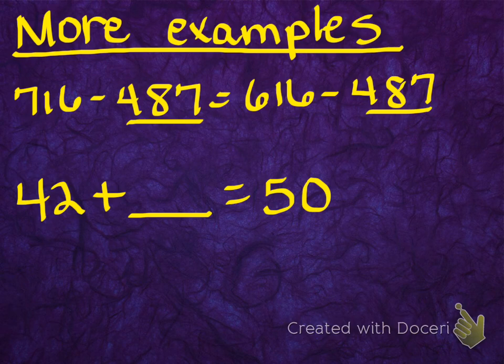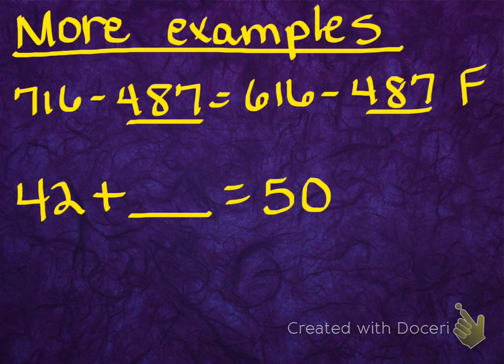So for this particular problem, would I actually have to do the math? I'm subtracting the same amount, but I have different numbers that I'm starting with, which tells me that I'm going to get a bigger number for my answer with my 716 than my 616. So my gut tells me that this is going to be false.